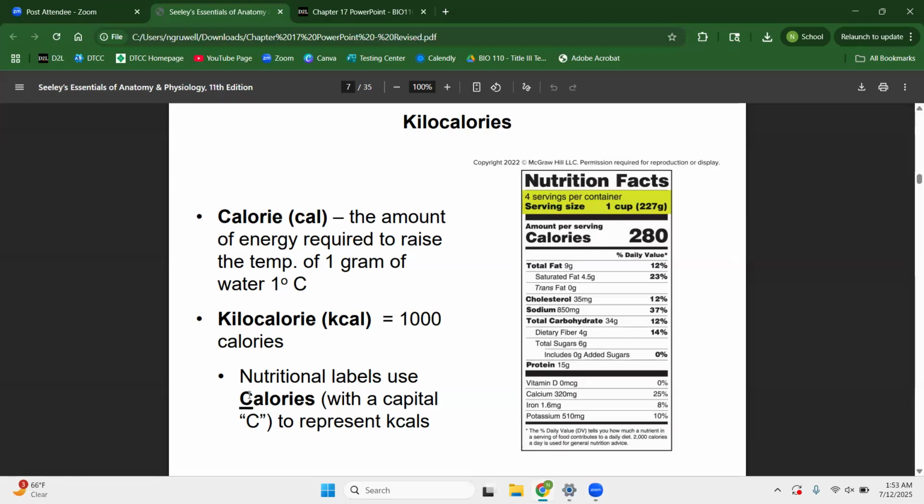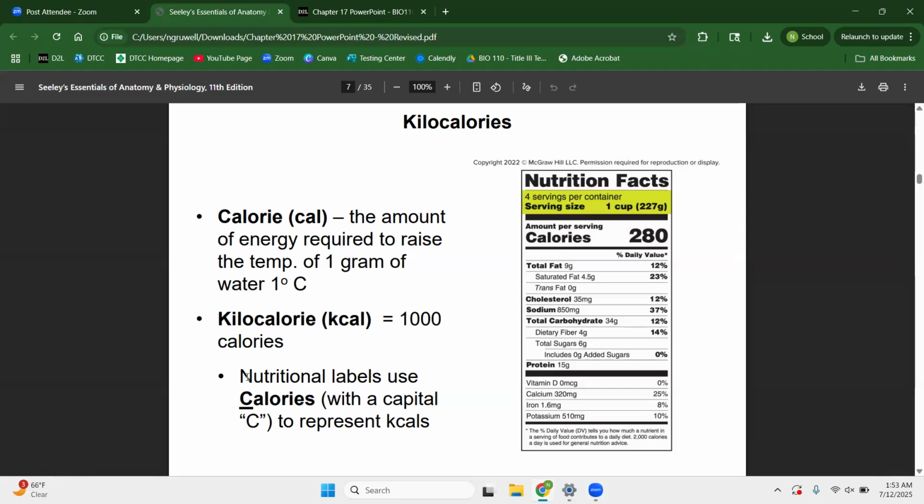So again, one uppercase C calorie is the same as 1 kilocalorie, which is the same as 1,000 lowercase c calories. So 1,000 of these equals one of these, and we say calories still.